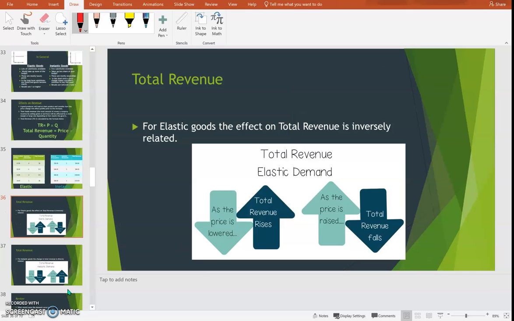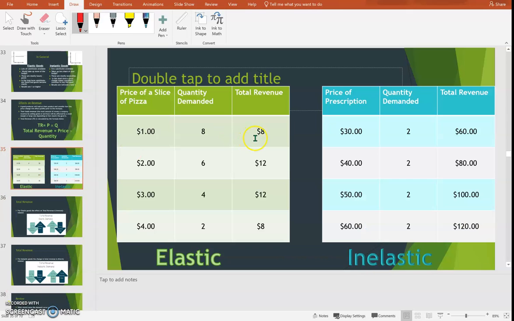So we're looking at effects on total revenue. For an elastic good, that is an inverse relationship. So what you saw here, right? It started to go up. The total revenue, the total amount of money that a supplier would make, went up until a certain point, and then they started to lose money and lose quantity demanded customers. So it's inverse.